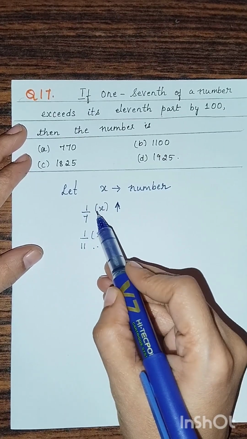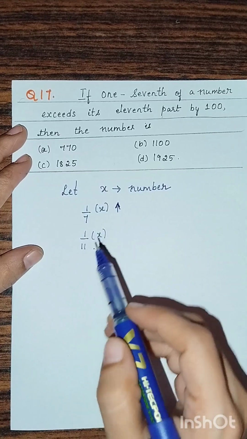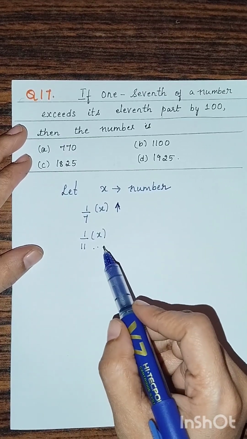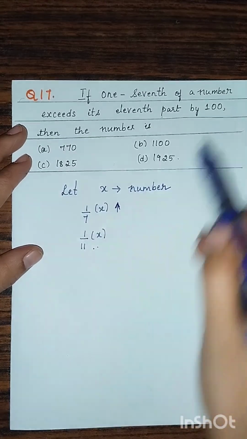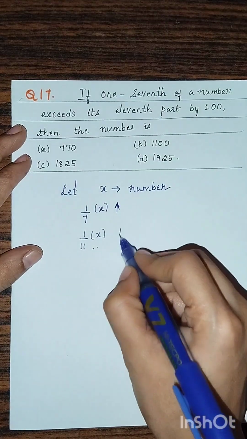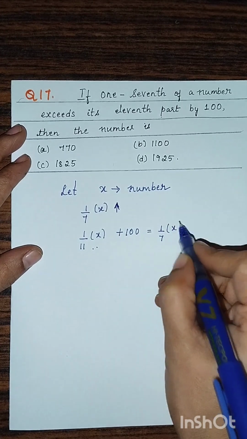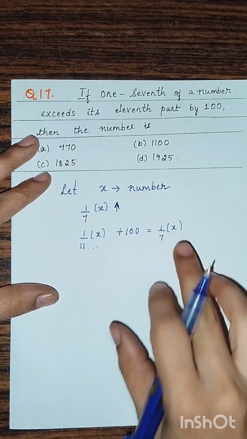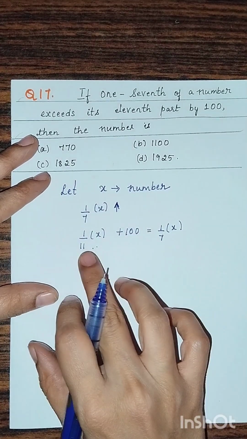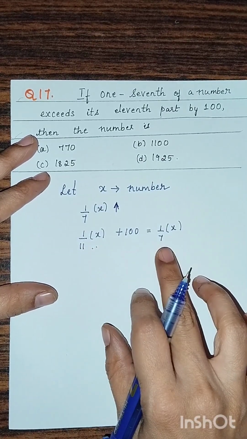If this value is greater and this value is smaller, then by how much is it smaller? By 100. So this is the smaller value. That means you have to add 100 so that it becomes equal to 1/7 of x. Now this is greater, this is lesser. Only if you add 100, they will become equal.